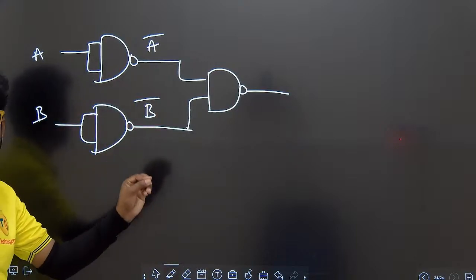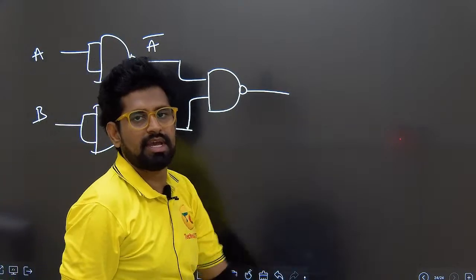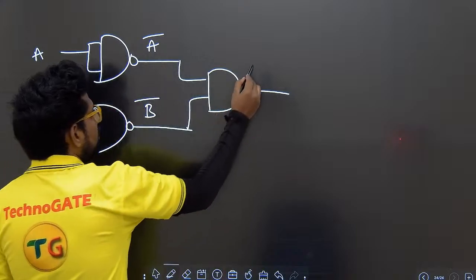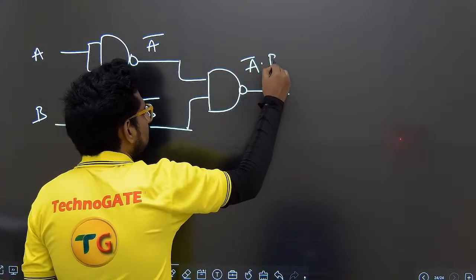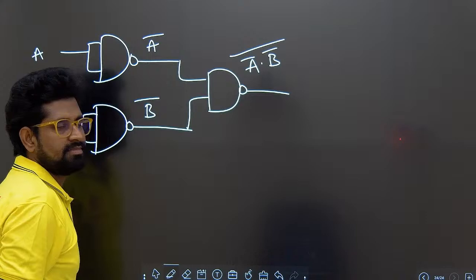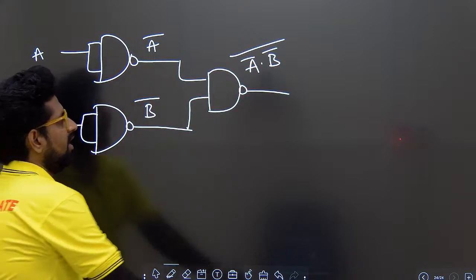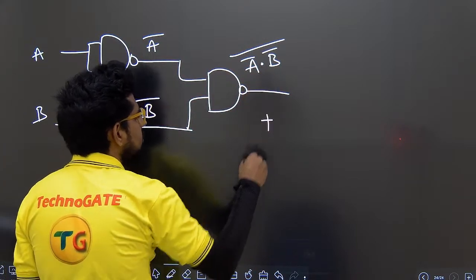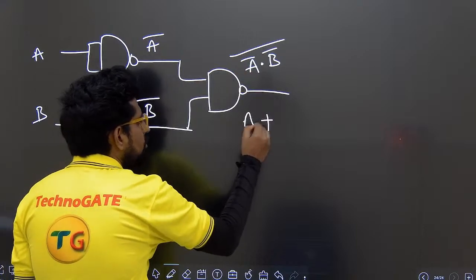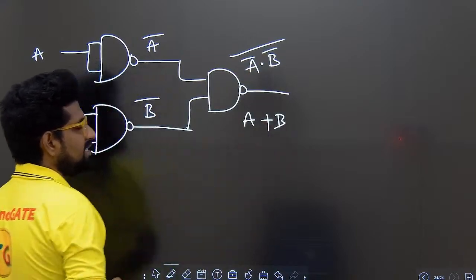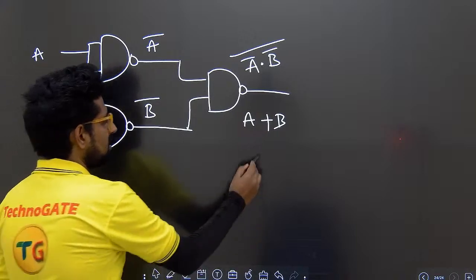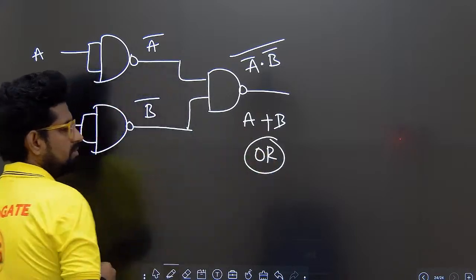Only by using NAND gates alone I am preparing the remaining gates. So A bar into B bar whole bar. Apply De Morgan's law: into becomes plus, bar becomes no bar. It is A plus B. A plus B is nothing but the OR gate.